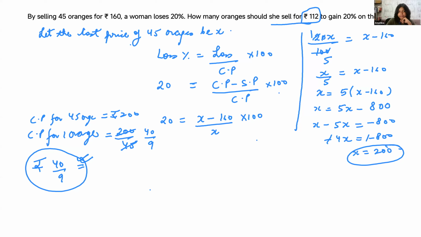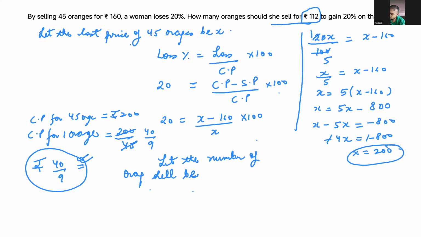We don't know how many oranges she sold. So let the number of oranges she sells be y. We don't know y, it's not given, no? How many oranges are there?